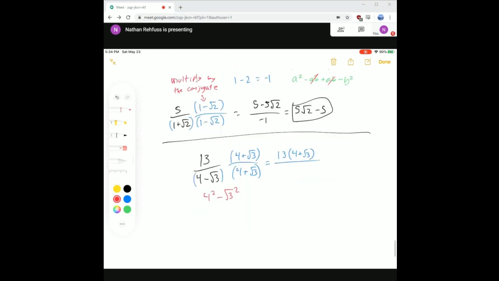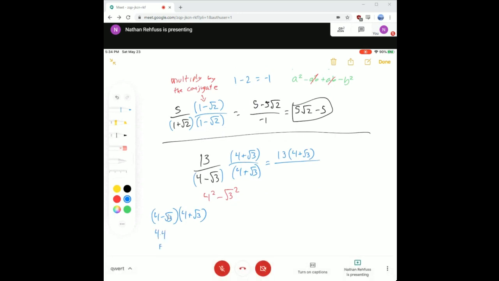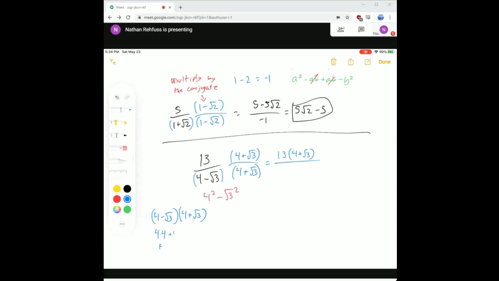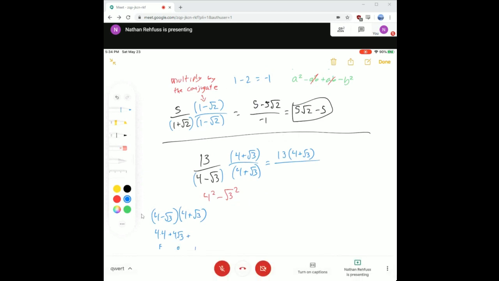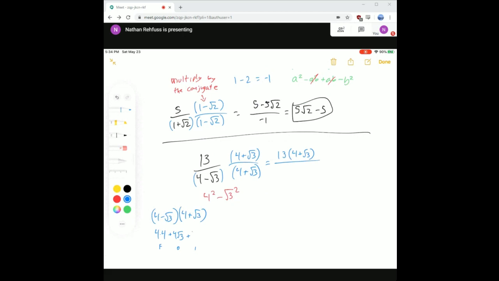If you insist, I can FOIL it up. It's going to be 4 minus root 3 times 4 plus root 3. You've seen this trick at some point for multiplying binomials. It's the faster way to do that distribution thing I've been doing. 4 times 4, that's first, the first 2. Then the outside 2, so that's this 4 and this root 3. Then the inside 2, that's this 4 and this minus root 3. So that's going to be a negative term.